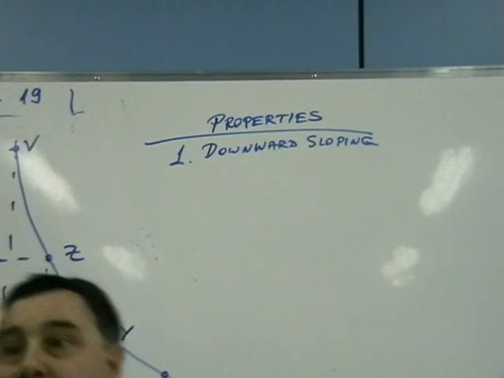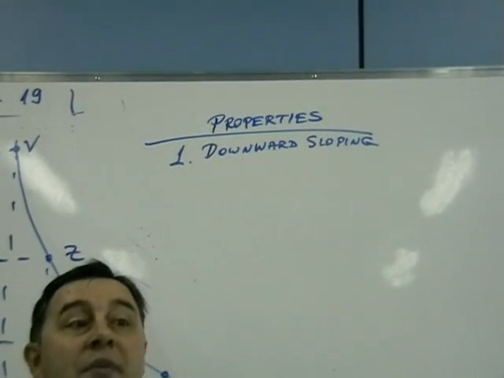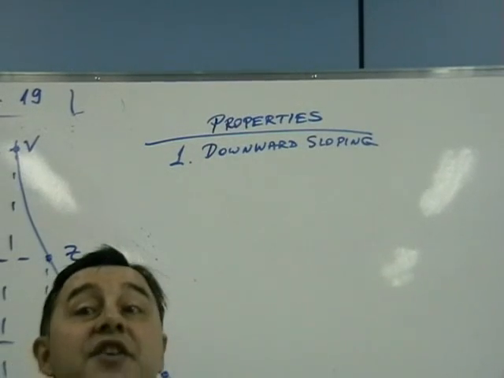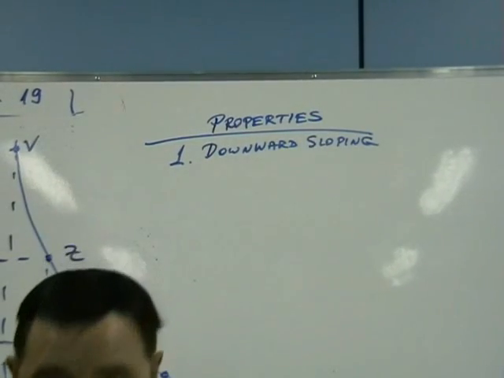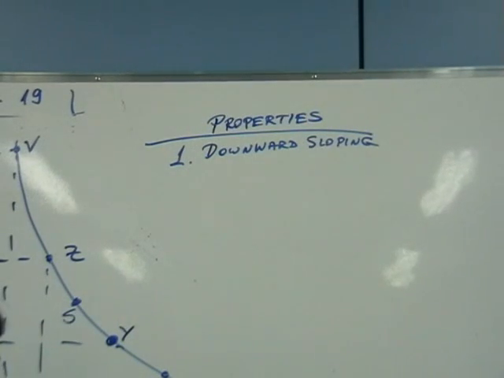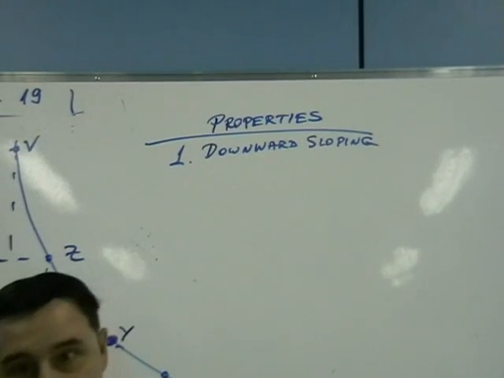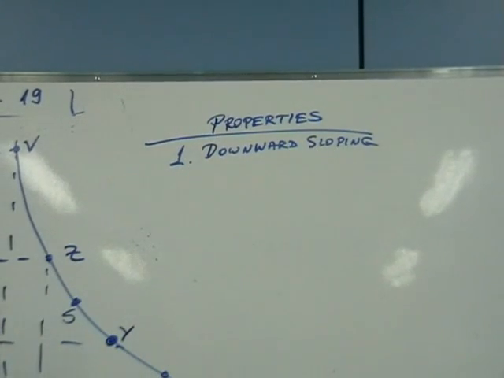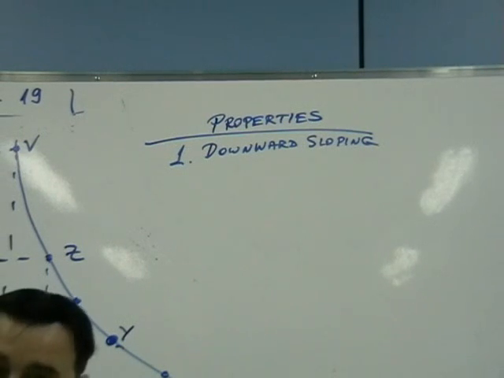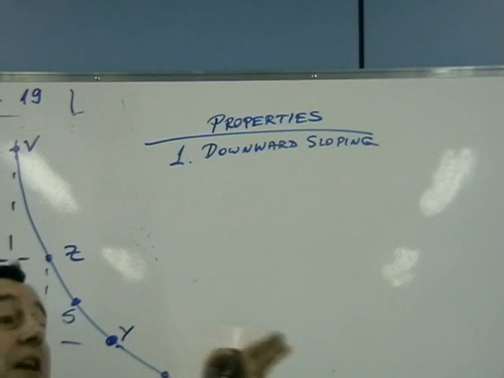Downward sloping represents the most elementary economic idea of trade-off. If you want me to get less oranges, you must give me more bananas. If you want me to get less of any good, you must give me more of the other to keep me indifferent. Substitution, isn't it?